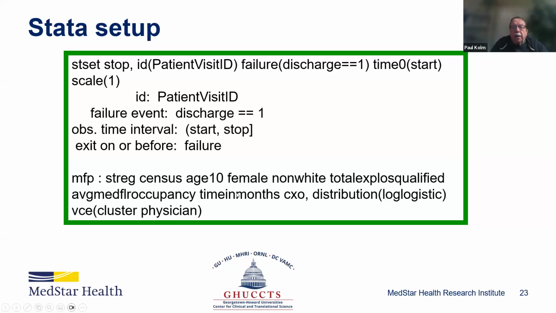In addition to those independent variables, I included the census by occupancy interaction. Then our distribution is log logistic, and the variance that we need to consider is physician, so we're going to cluster by physician in our analysis.